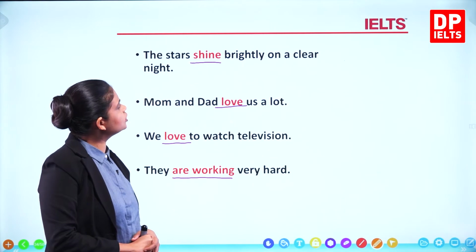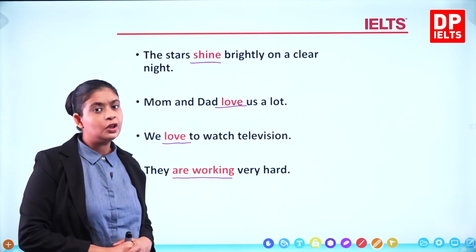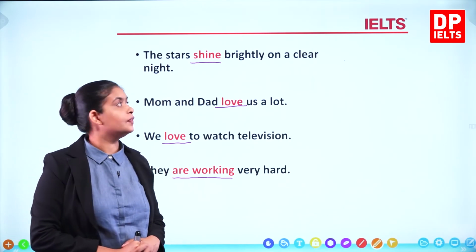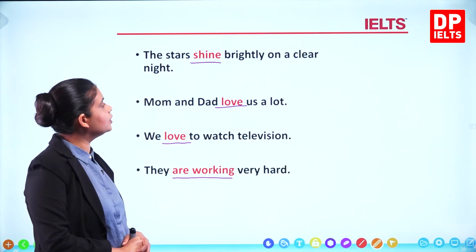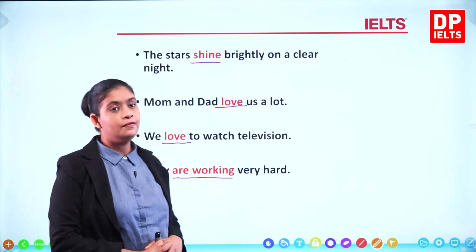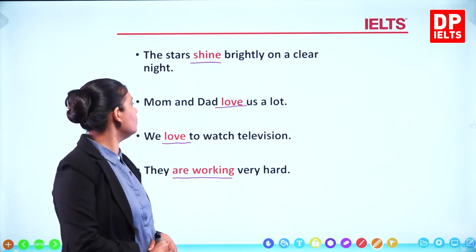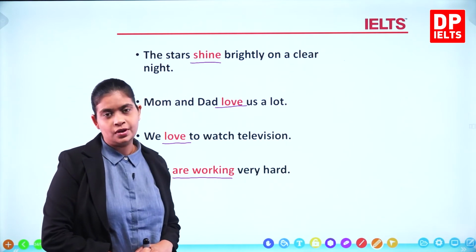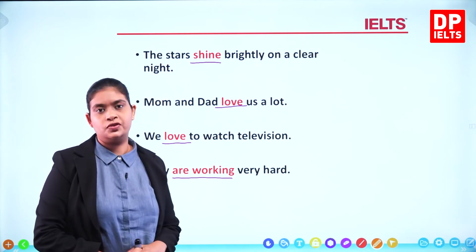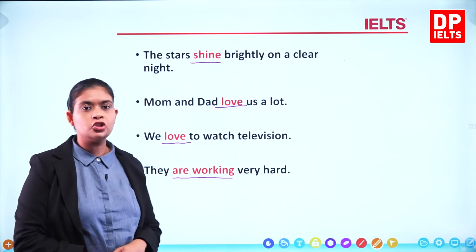The stars shine brightly on a clear night. Because the stars are plural, we write the base form of the verb shine. Mum and Dad love us a lot. We don't say Mum and Dad loves us a lot, right? Mum and Dad love us a lot. Because Mum and Dad are plural, the verb also needs to be plural. We love to watch television.